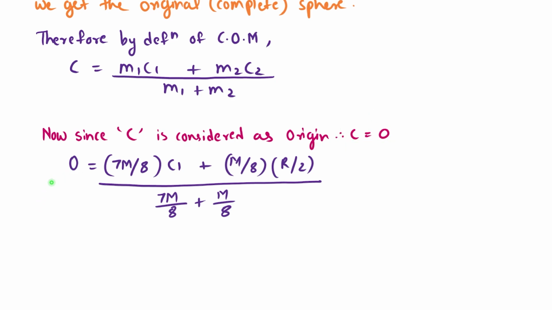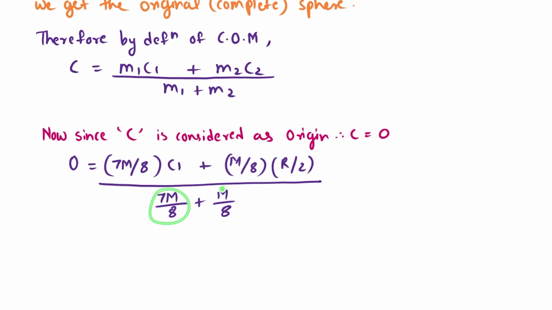So if we substitute all these known values, we get C as 0. Then we substitute: this is the mass of the remaining sphere, M1, and this is the mass of the spherical hole. This is the distance of the center of mass of the spherical hole from C. C1 is what we are supposed to calculate, that is the center of mass of our remaining sphere.